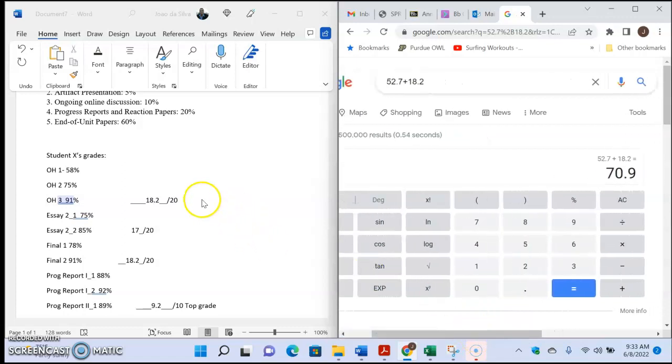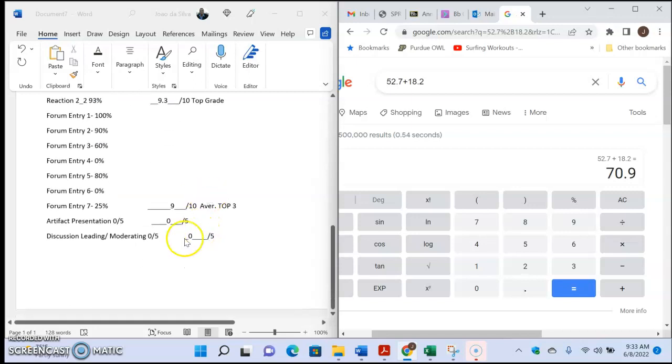The student got a 70. There must be something wrong. Let's check it out again. Maybe we made a mistake.